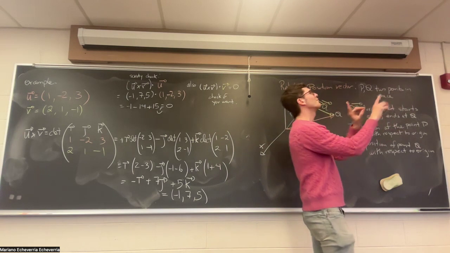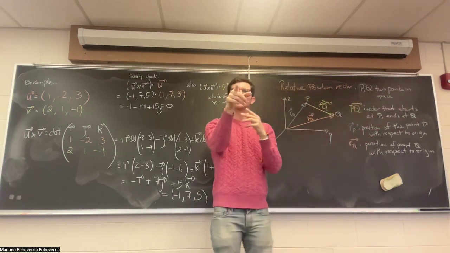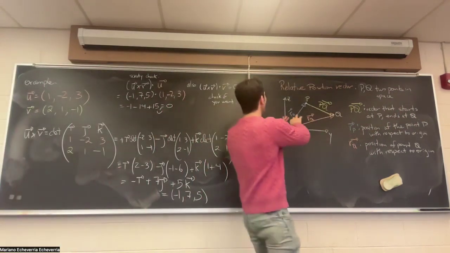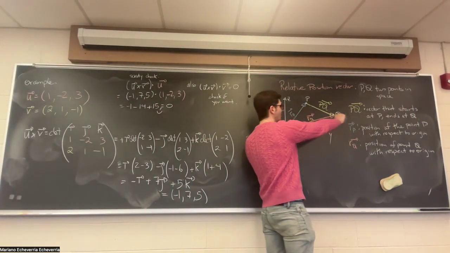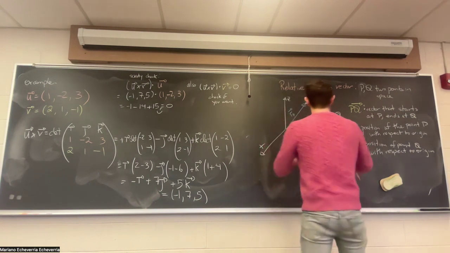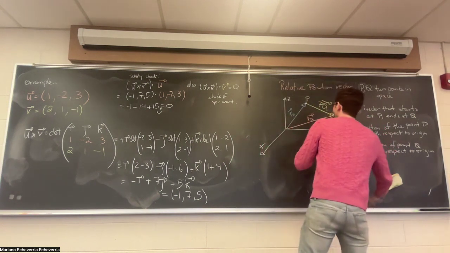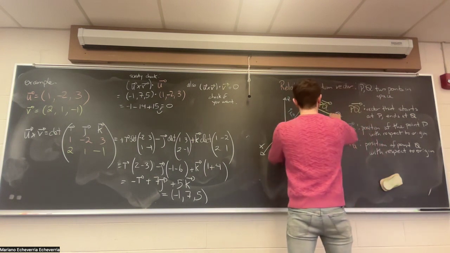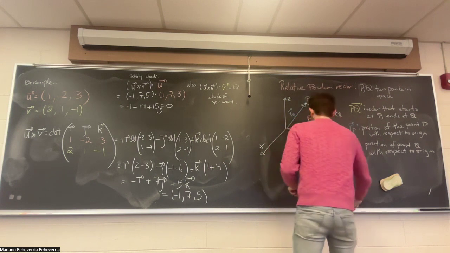Yes, RP and PQ. If you add RP to PQ, that gives you RQ. I just didn't want to put the negative from the beginning of the equation. So RQ is the sum of these other two sides.